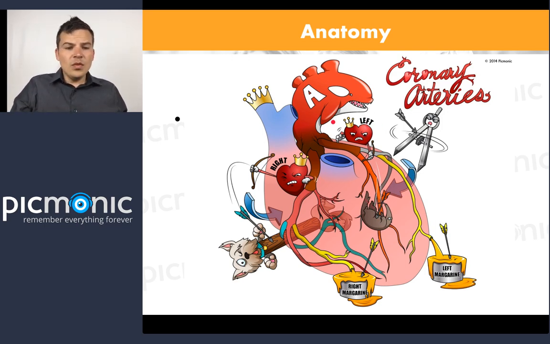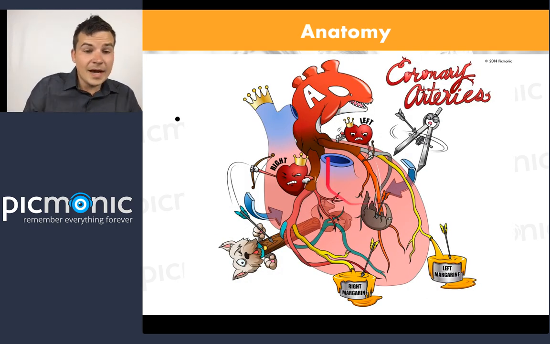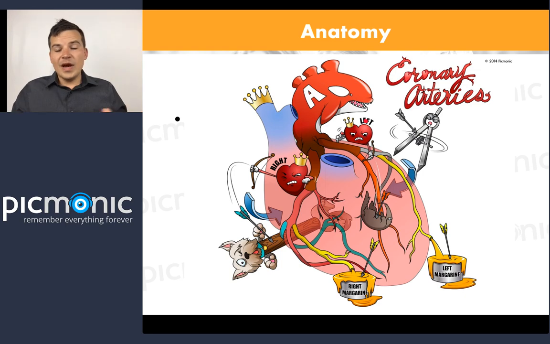Now, one of the things that's important to understand, and this is just one of our Picmonic images, throughout the entire webinar today, we've got lots of Picmonic images from our system, and it's not just a bunch of random images. But this is the coronary arteries. One thing that's really important as you're learning coronary arteries is knowing that there's the left coronary artery and the right coronary artery, and they branch off the main bifurcation.